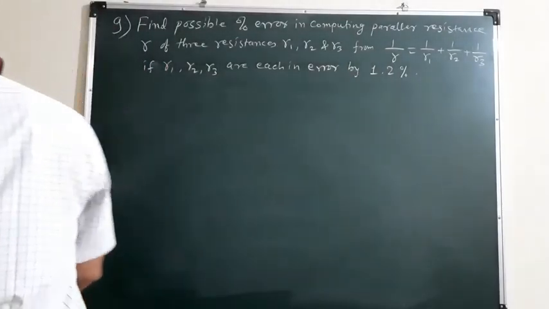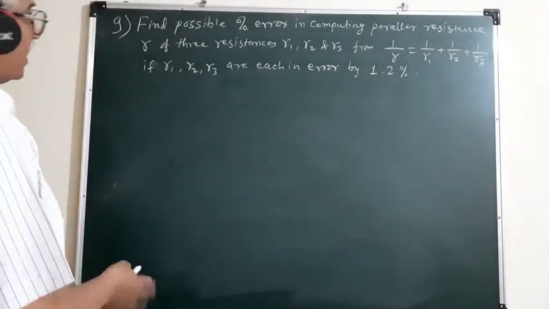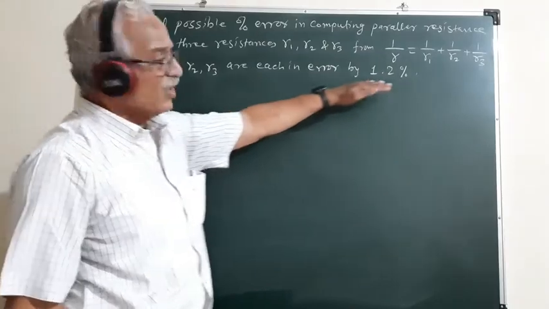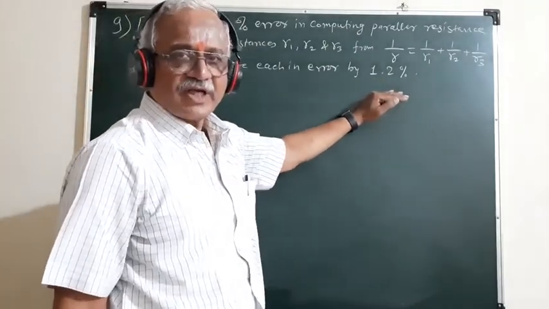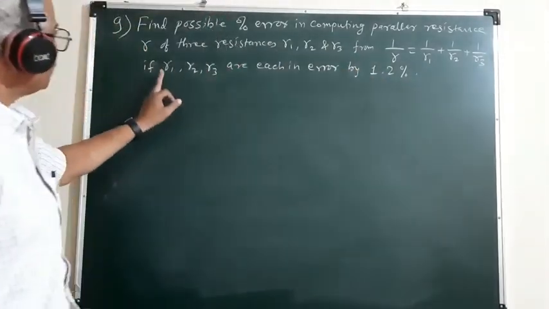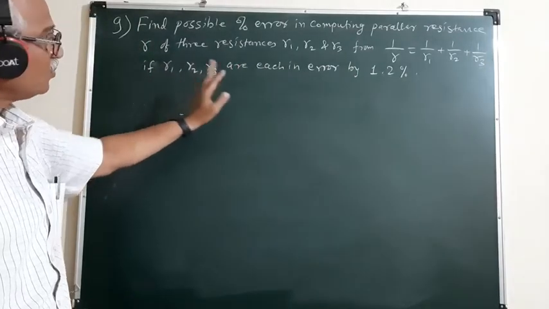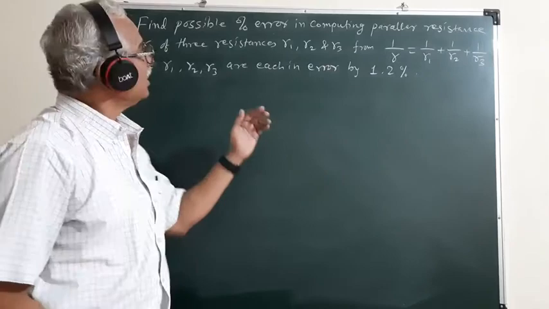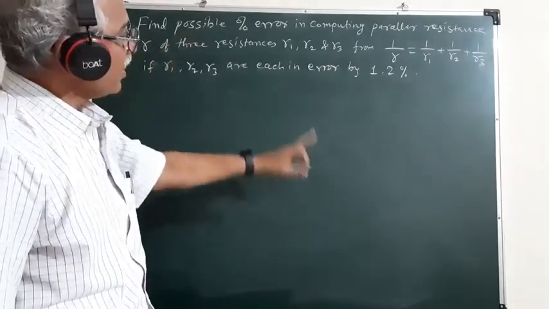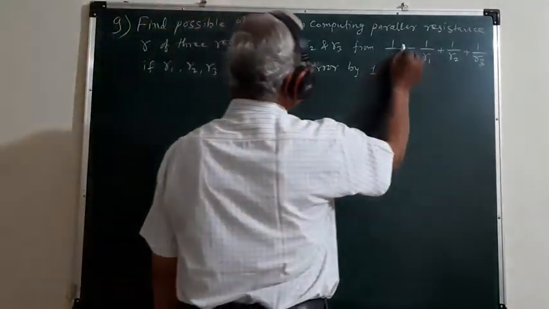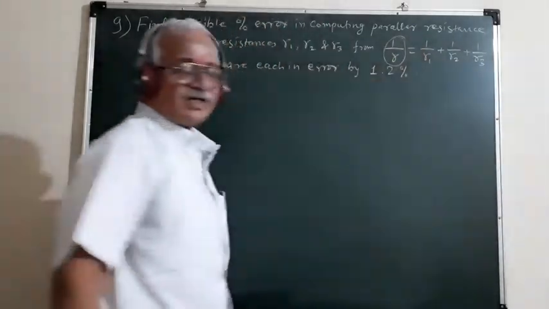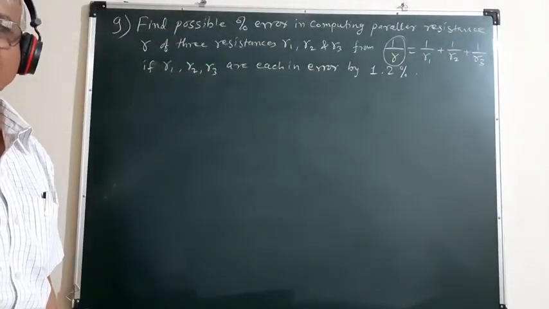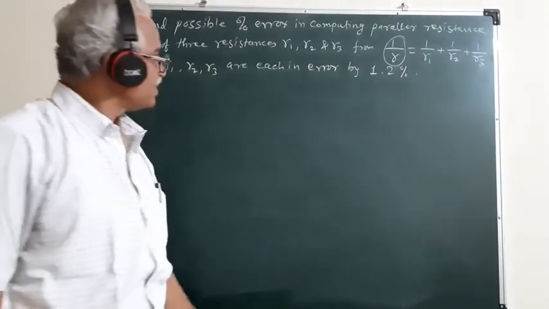So if there is an error of 1.2% each in the measurement of the values of the three resistors R1, R2 and R3, then you are asked to find out the percentage error introduced in the determination of the equivalent resistance R of the parallel combination of these three resistors.